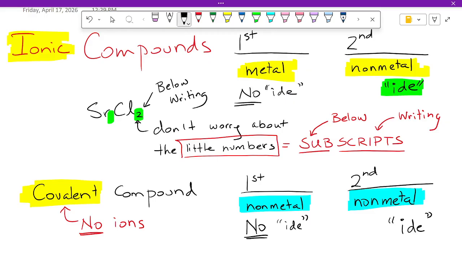So if I was to draw SrCl2, I would have an Sr, which is 2+, and I would also have it attached to a Cl, which is negative. How many Cl's do you think I should have? 2, because it's got that little number 2.